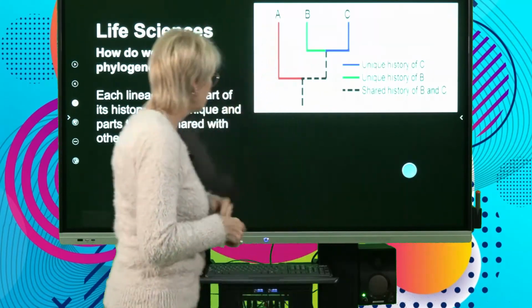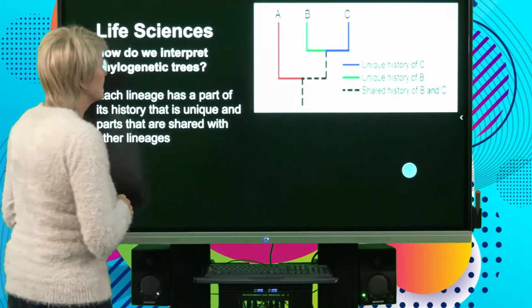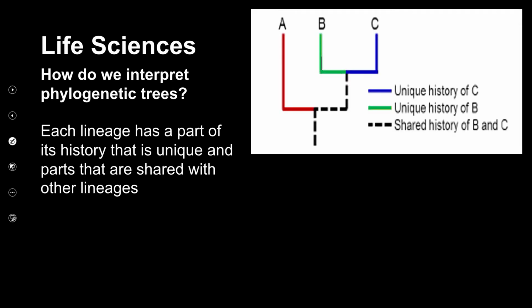Okay, so let's now have a look at what each lineage tells us. Each lineage has a part of its own history that is unique and parts that are shared with other lineages. So let's have a look here.